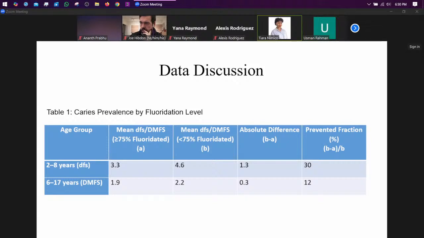The absolute difference shows how fluoridation reduces prevalence, a reduction of 1.3 DMF for younger children and 0.3 DMF for adolescents. Finally, the prevented fraction, calculated as a percentage of reduction, is 30% for children and 12% for adolescents.